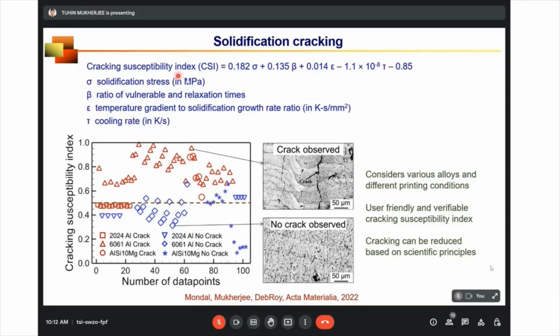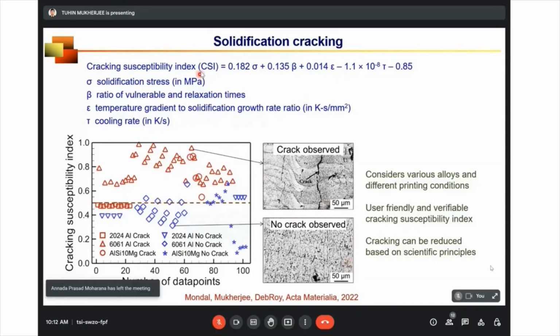So if we have all these four variables, feed them in a very simple linear regression, we can derive a crack susceptibility index, and the magic is it can also give us a delineation above which all experiments show crack, below which all experiments are good with no crack.